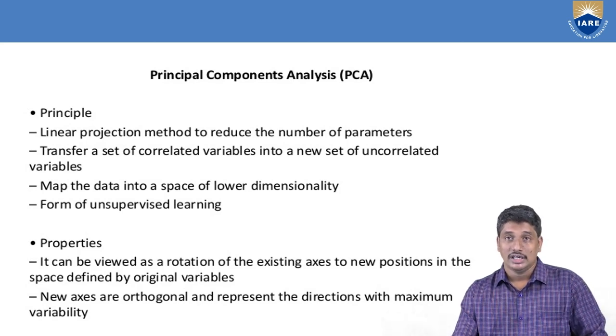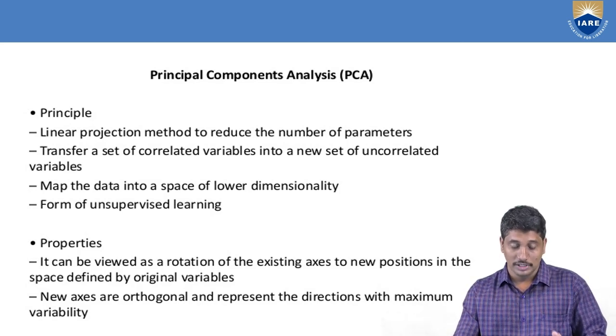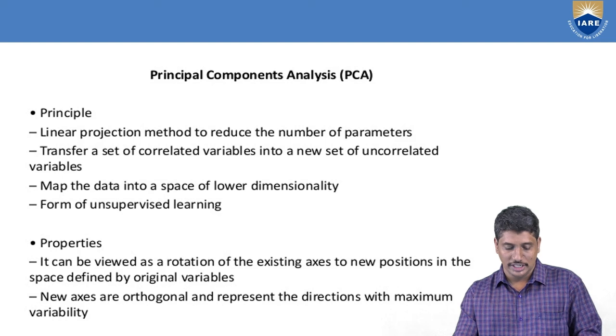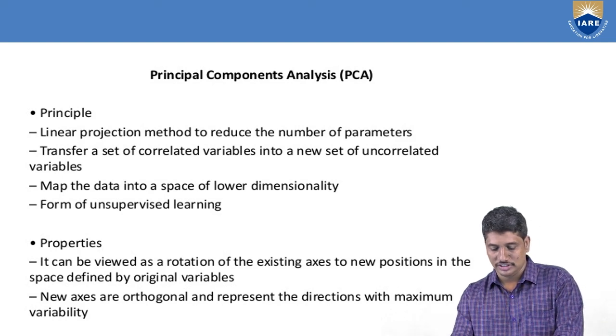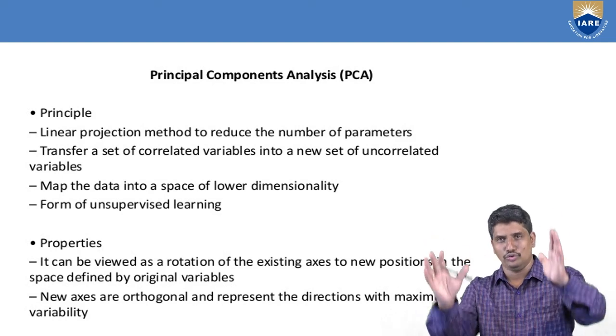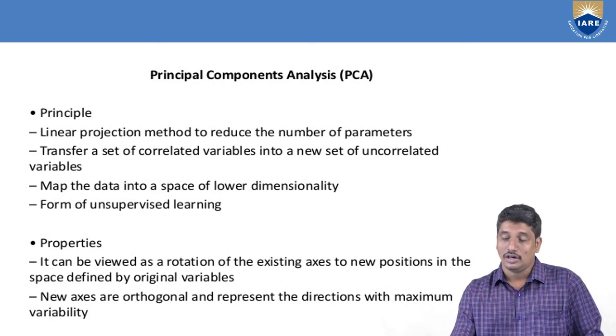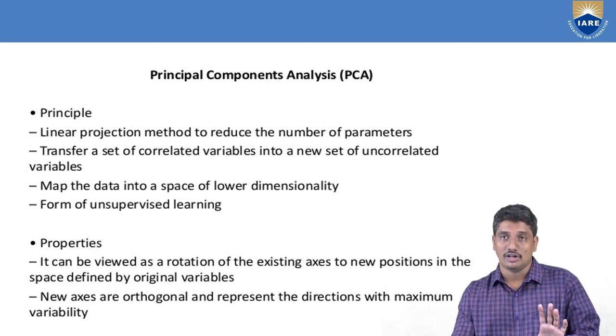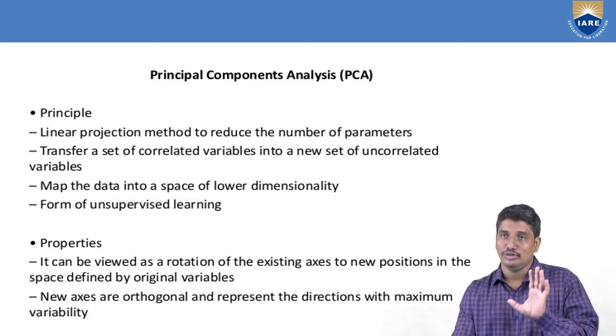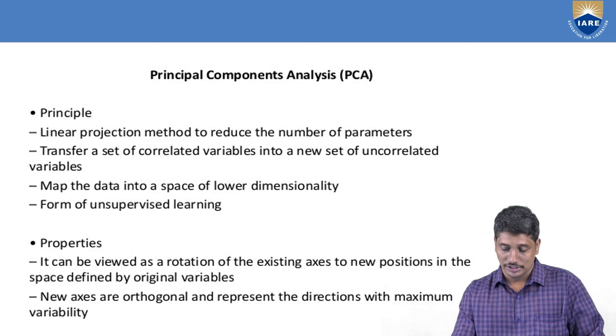These are the properties of principal component analysis. It can be viewed as a rotation of existing axes to new positions, and the new axes are orthogonal and represent the directions with maximum variability. The axes of principal components are always perpendicular to each other, in any dimension.